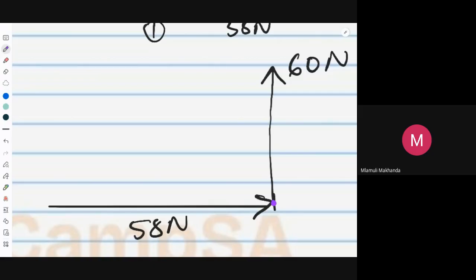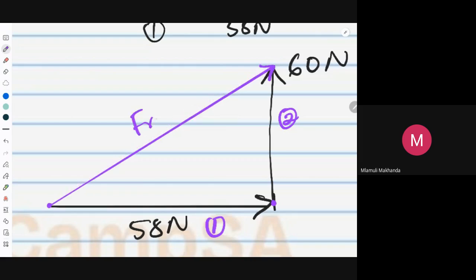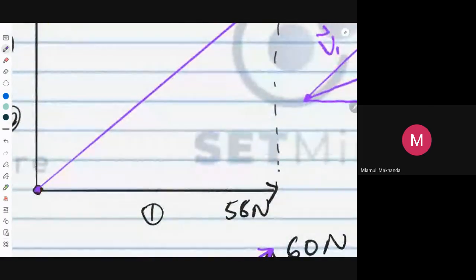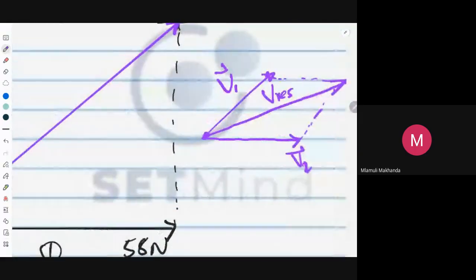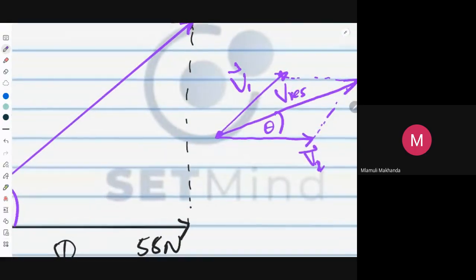The reason we call it the tail to head method is because you start at the tail of the first vector, vector 1, and you end at the head of the last vector, vector 2. In this case, it would look something like this. So this would be your F resultant. Then usually for cases like that, obviously you need to specify the direction, theta. Same here, same there. Right.